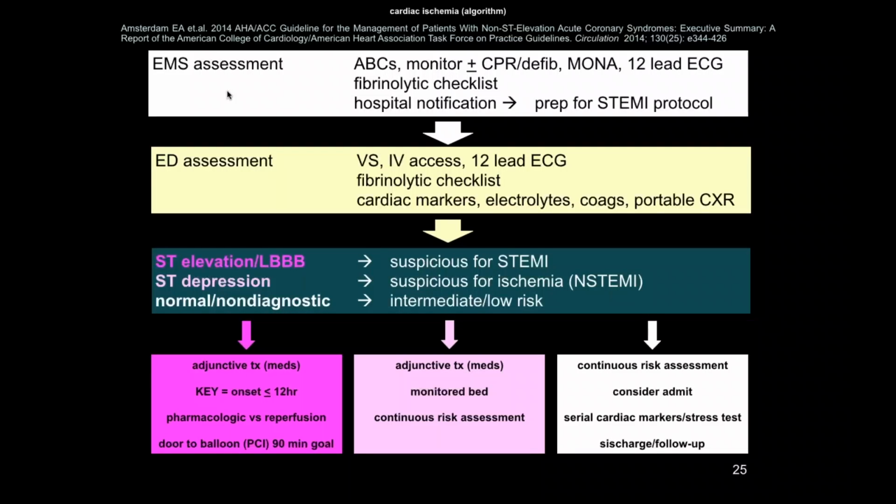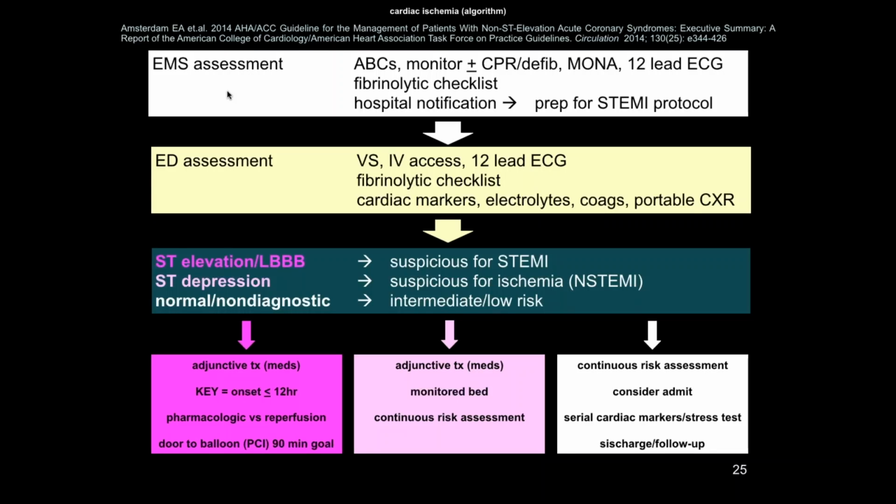So what happens with your patients when you dial 911 and EMS shows up? Now, this is a very busy kind of slide, but I want to walk you through a few things. The first thing to notice is the EMS is going to do the same things you're going to do, right? They're going to do ABCs, CPR with or without defibrillation if they need it. They're going to follow MONA protocol, but they're going to add a 12-lead ECG, and then they're going to prep them for the type of protocol based on whether their baseline in the ECG is elevated or depressed.